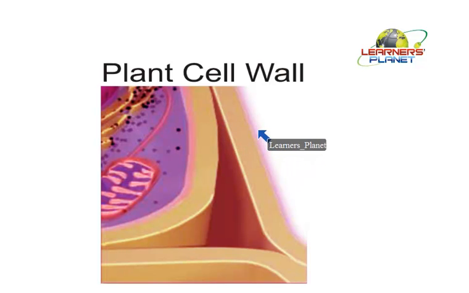You can see in this picture, the plasma membrane is here. This is your cell wall, and outside is another substance, which is known as the middle lamella. So this middle lamella will hold the different cells together and help them to interact with each other.